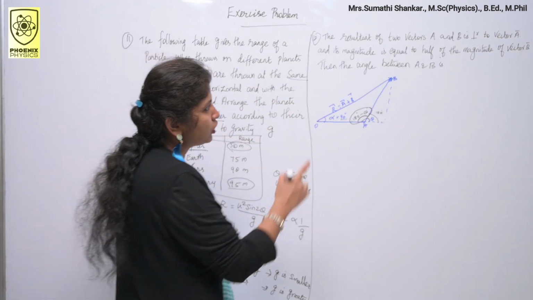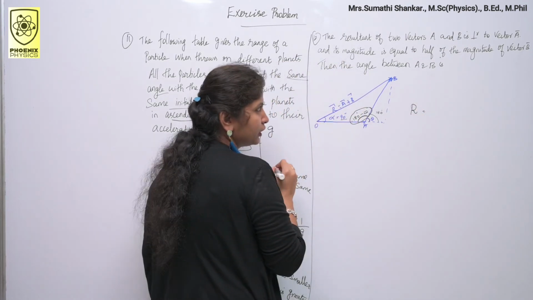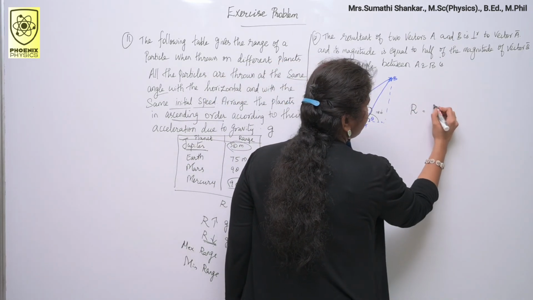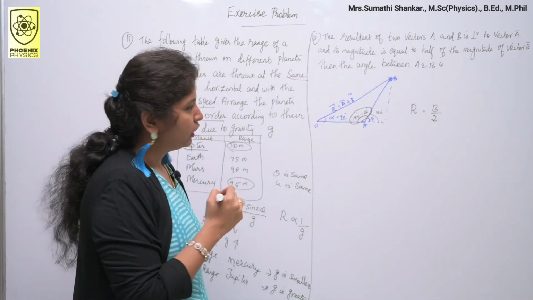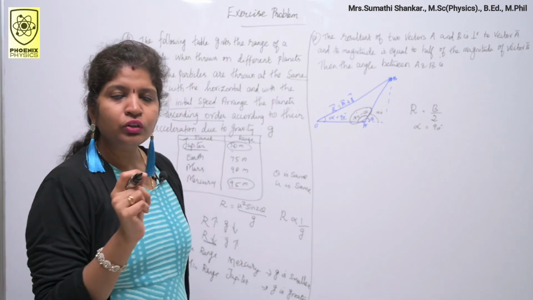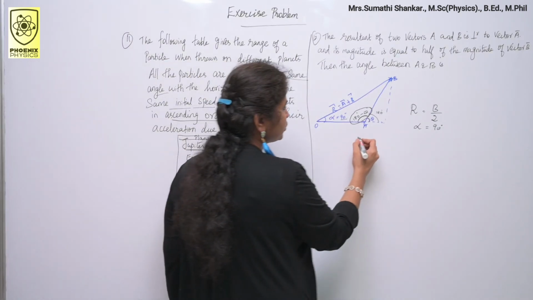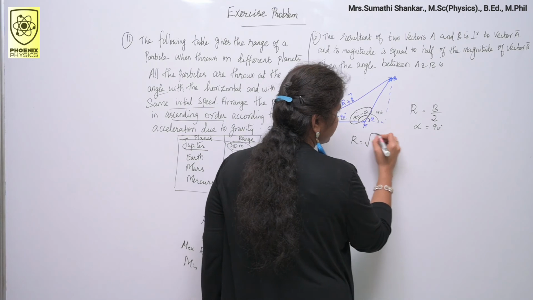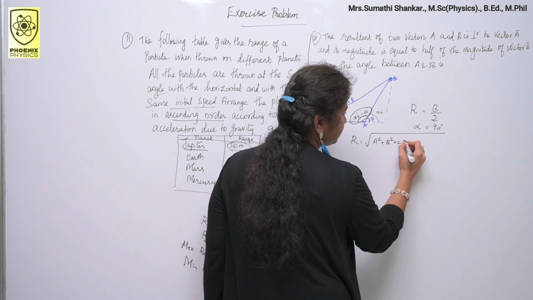What is given? The magnitude of the resultant vector is half the magnitude of the B vector, that is R = B by 2. Then alpha is 90 degrees. You know the magnitude of the resultant vector formula: R equals square root of A square plus B square plus 2AB cos theta.